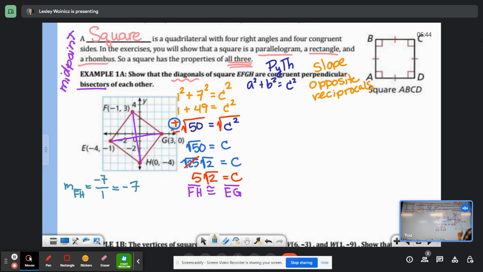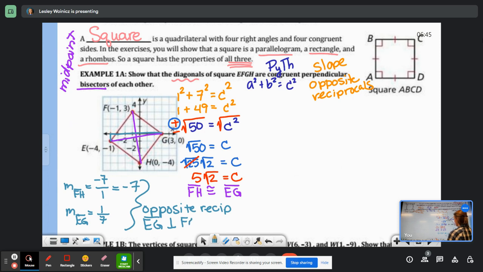The slope for EG is up 1, right 7. Up 1, right 7. So these are opposite reciprocals. So we know that EG is perpendicular to FH.